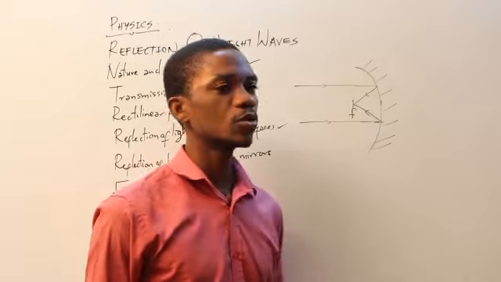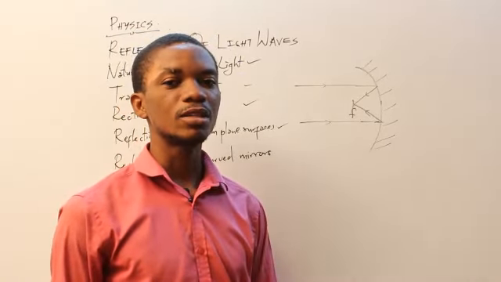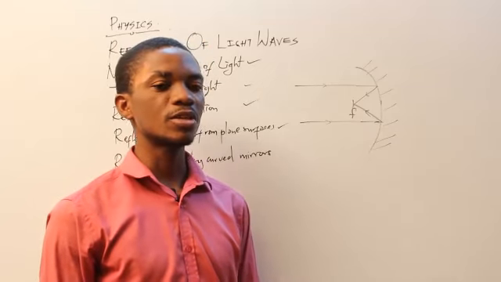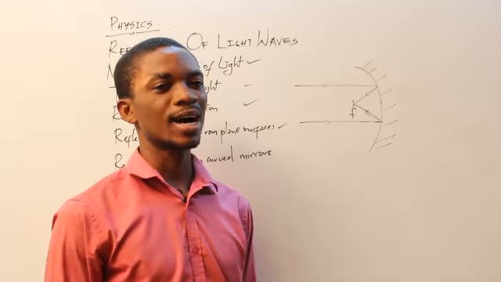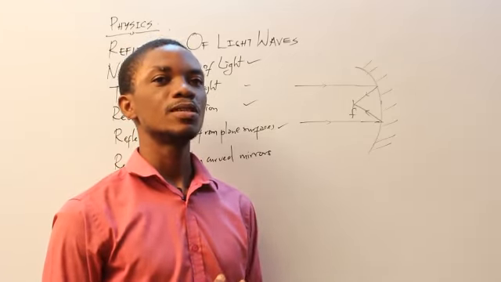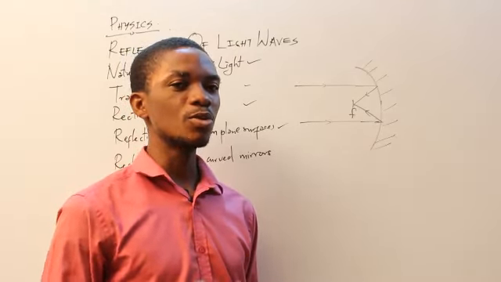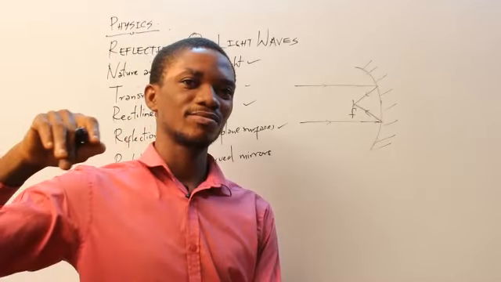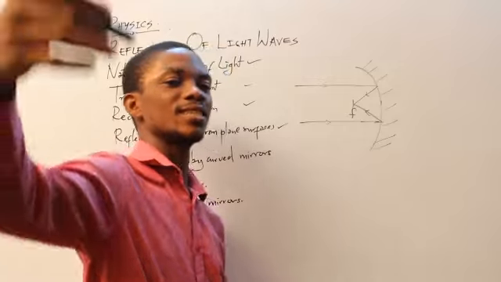Now we have to talk about virtual images and real images. Virtual images are images that are apparent. They cannot possibly be real. When we are looking at them, it will look like something is behind the mirror.